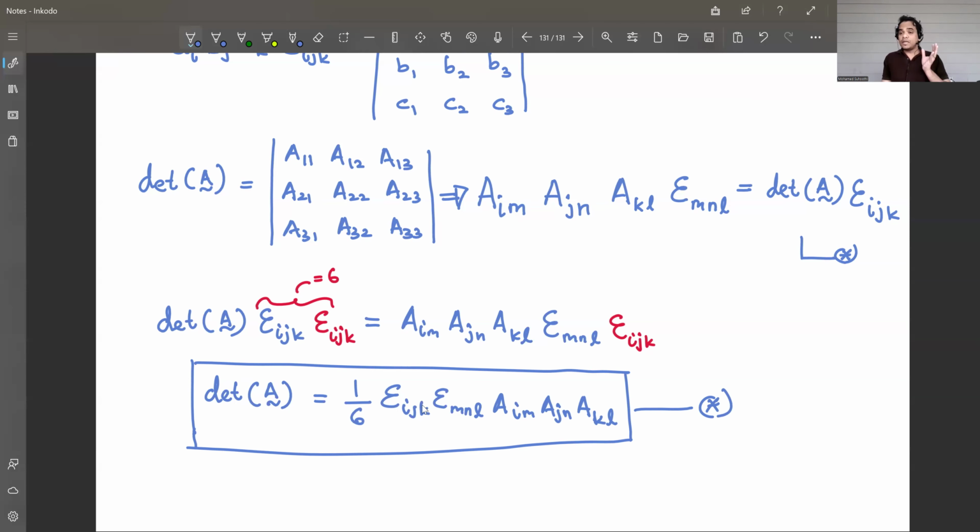Again, the determinant of A is a scalar, right? Because all the indices are repeated indices, therefore this is a scalar. It is not a vector or a tensor, right? So this is another important thing you must notice.